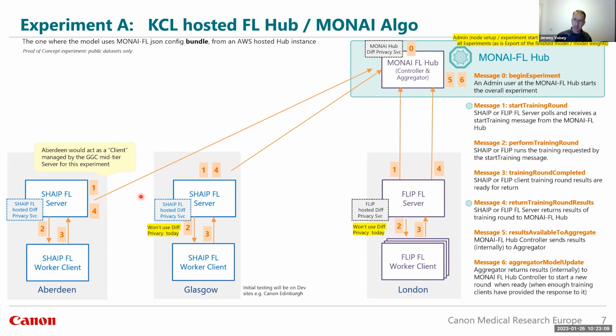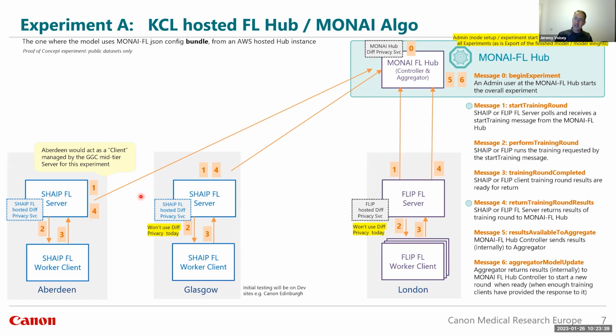And the idea of this is, generally speaking, that what we might have in the future is multiple federated learning platforms where each federated learning platform might themselves have multiple clients. So for example, you might have one based in Scotland with hospitals taking part in Glasgow and Edinburgh and Aberdeen and Inverness. You might have another one based in London with multiple hospitals in London taking part. And so we went for a two-tier approach.